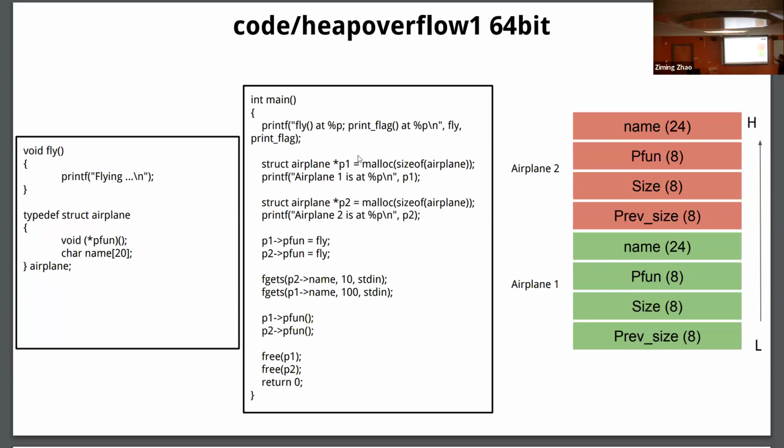So the goal of this challenge is to overwrite this with the print flag function. So when this one is called, you capture the flag, okay? So that's the idea of that. And I will leave you to that later.